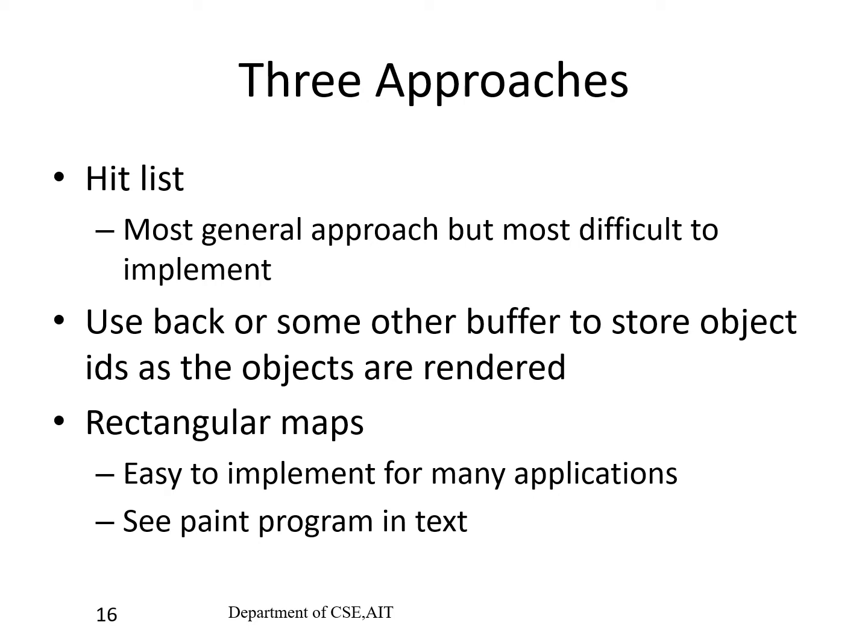Then the third method is the rectangular map approach, and in this case it is easy to implement. There are many programs implemented. In the textbook also, in the appendix, you can see one paint program which is implemented by making use of this rectangular map approach.